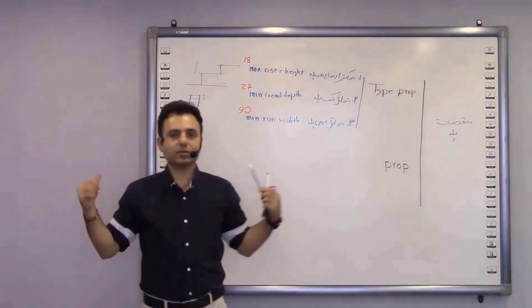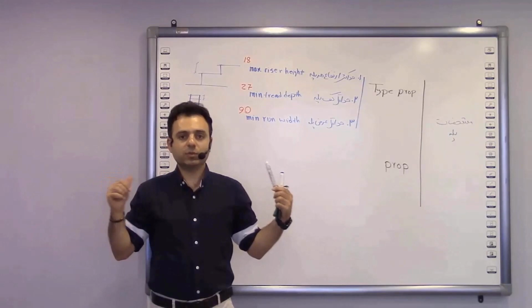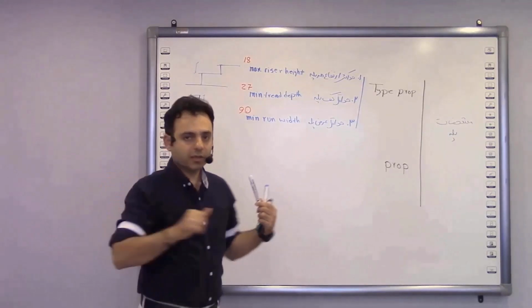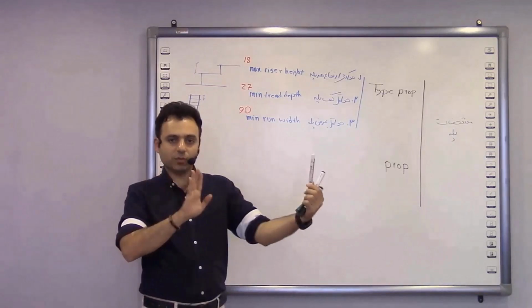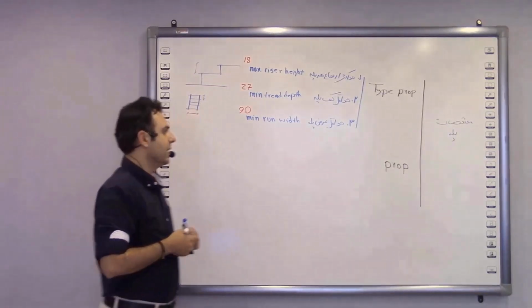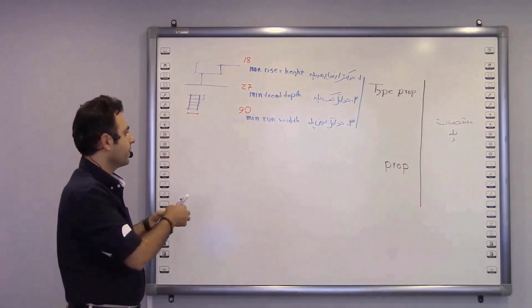And do you know how they calculate this 90? Actually, they consider the width of each person's shoulder to be 60 and 30 for the space around that person, which becomes 90. These are 3 parameters of the type properties.